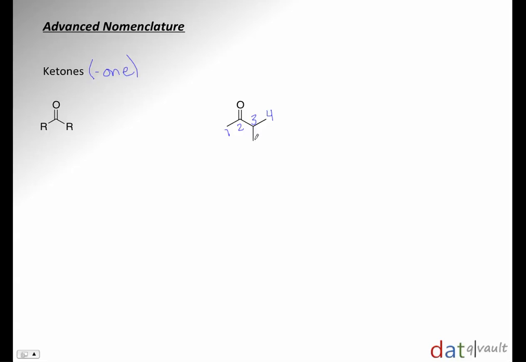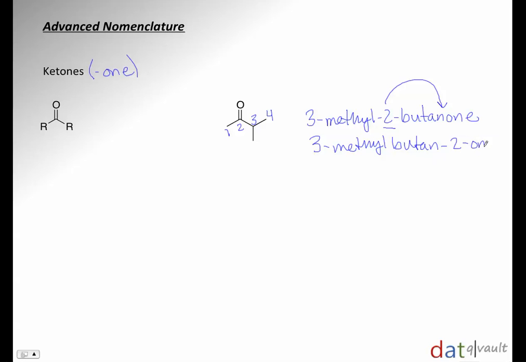Here we have a methyl group at the 3 position, so we're going to name this 3-methyl-2-butanone. We can do a similar thing where we take the 2 and put it before the -one, so this can also be named 3-methylbutane-2-one.